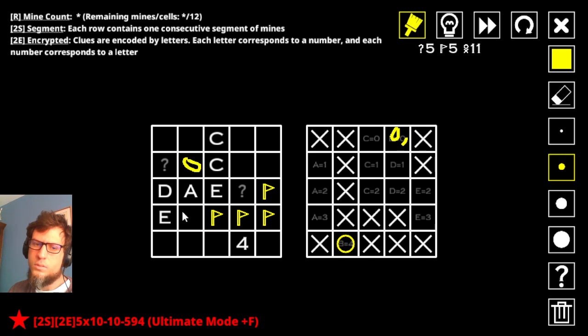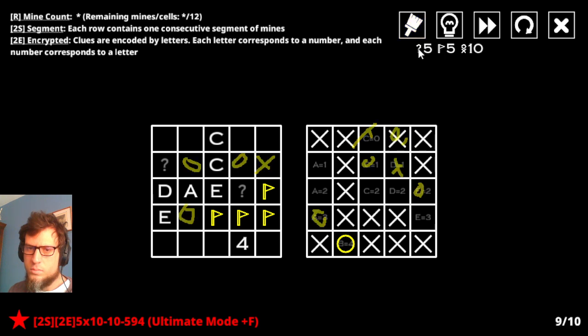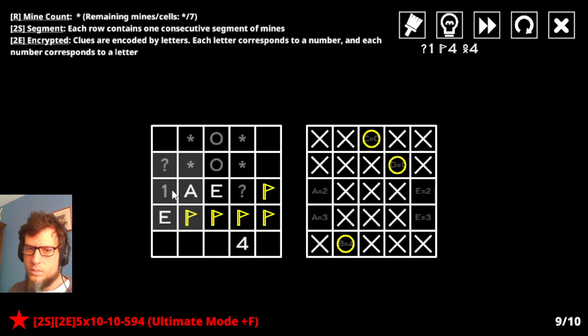If D is 0, it's like this. And then the E would have to be 2, I guess? Oh, then C is 1. So A would have to be 3, but it can't be 3 in that case. So, okay. So that's why that, which means this, which means that, which means that. Okay, so that's why.